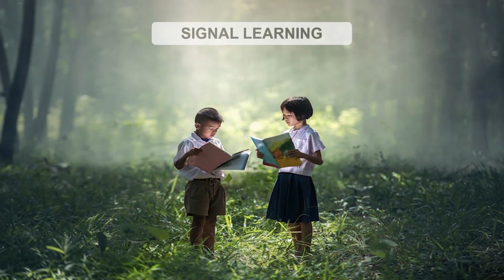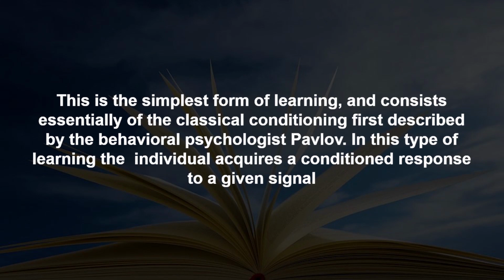First one, that is signal learning. This is the simplest form of learning and it consists essentially of the classical conditioning which was first described by the psychologist Pavlov.